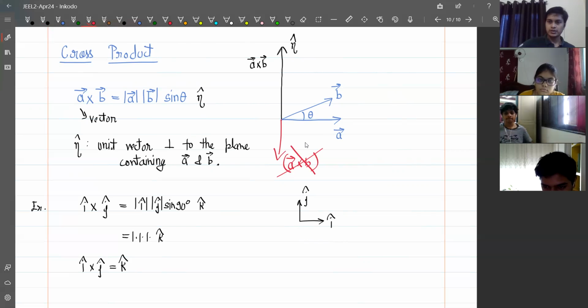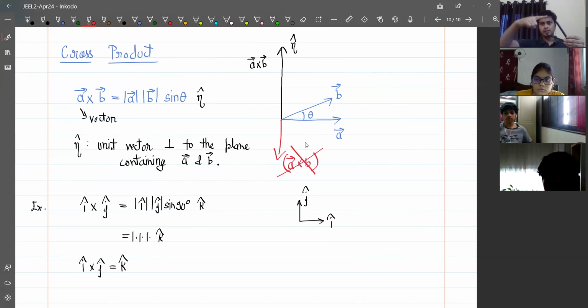To find this out, we use our curl method. If I have 2 vectors, take the thicker pen as A vector, and this thin pen as B vector. Okay, pay attention.